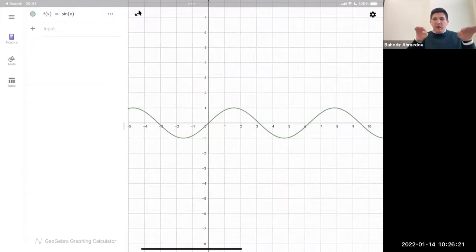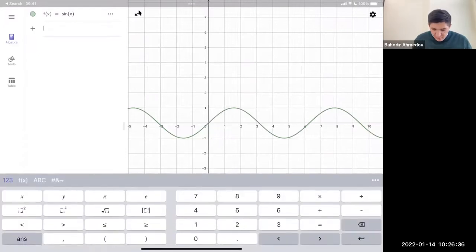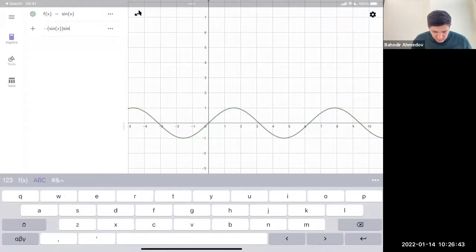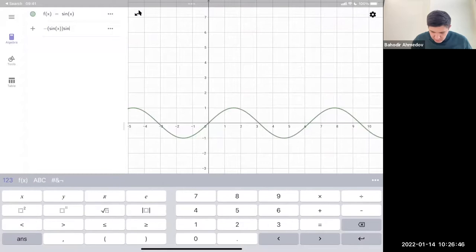Do you remember, if two waves have the same phase and the same frequency, then when they are together, they create constructive interference. And at the same time, if you have another wave with, let's say, minus sine of x, I'm just going to write minus sine of x.